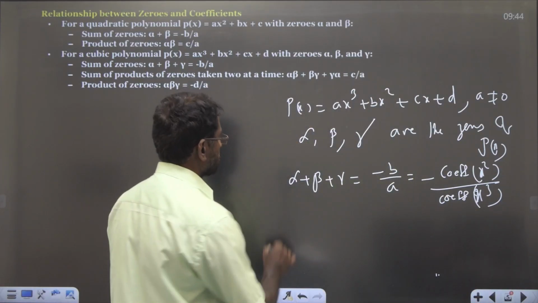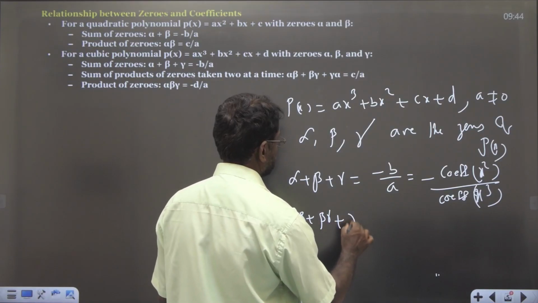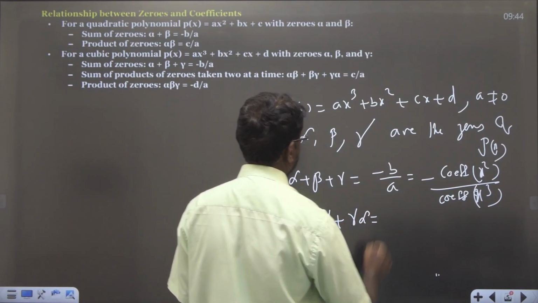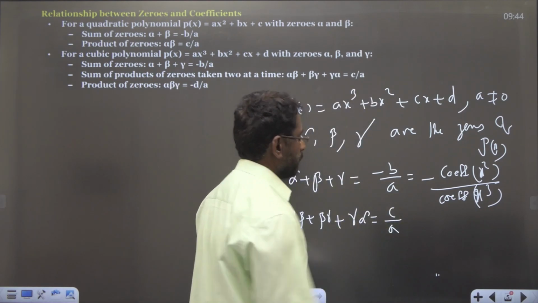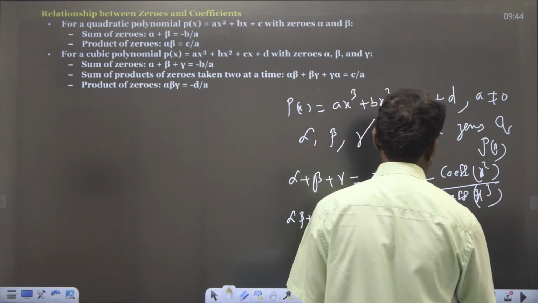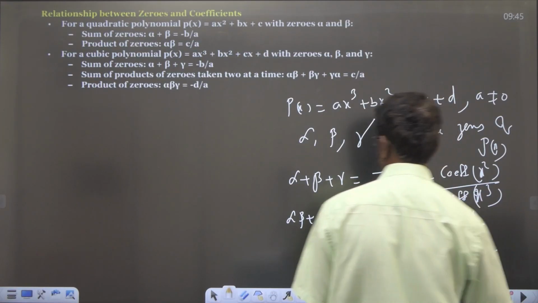And next, alpha beta plus beta gamma plus gamma alpha is equal to positive C by A, that is coefficient of x divided by coefficient of x cube.